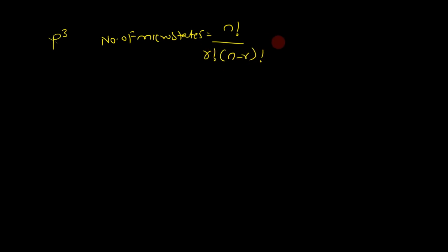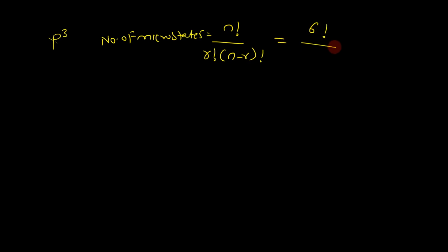When we calculate the number of macro states for P3, the formula is n factorial upon r factorial and n minus r factorial. So the maximum number of electrons filled in P is 6.